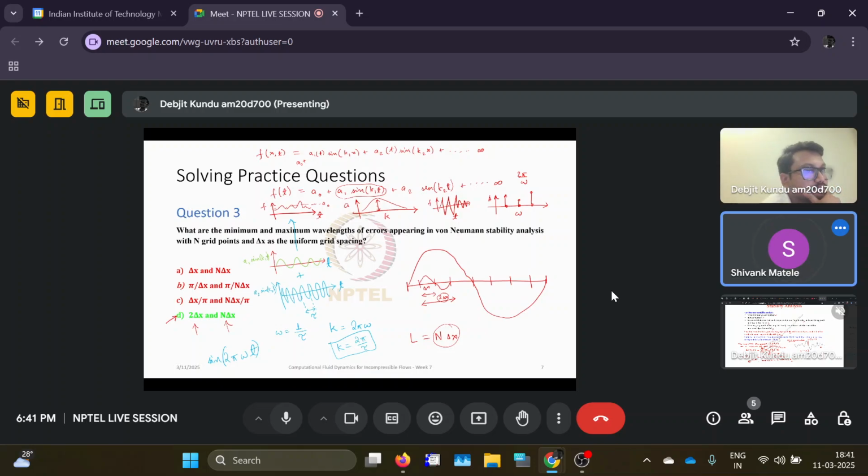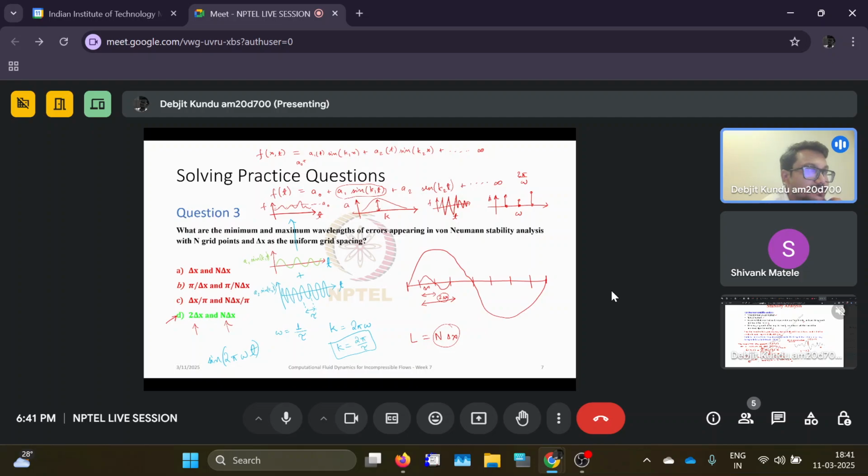So somewhere it gives 2 pi by tau, where omega is the frequency and tau the time period. Basically tau is this wavelength, the time period over here.